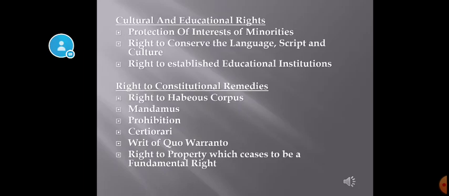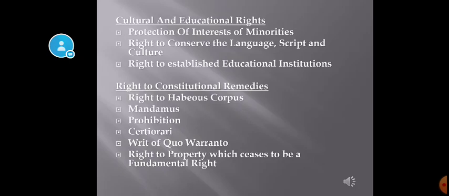Now, the last point describes the right to property, which ceases to be a fundamental right. The original Constitution provided for the right to property under Article 19 and 31. The provisions related to right to property were controversial.